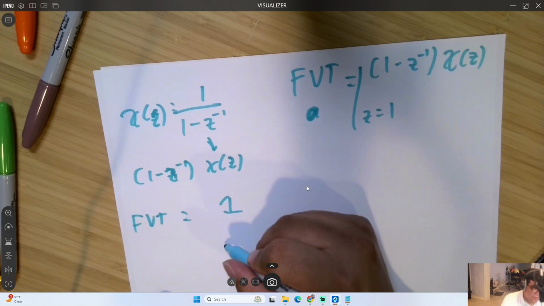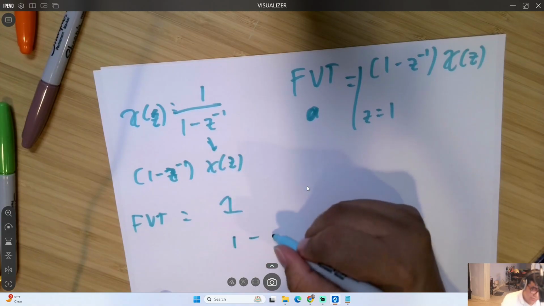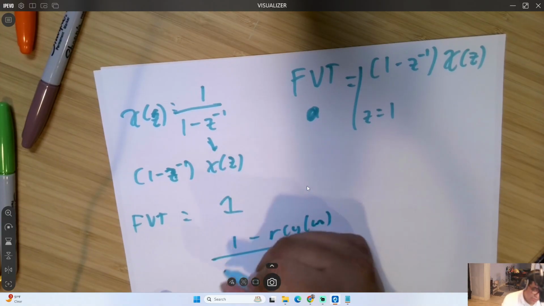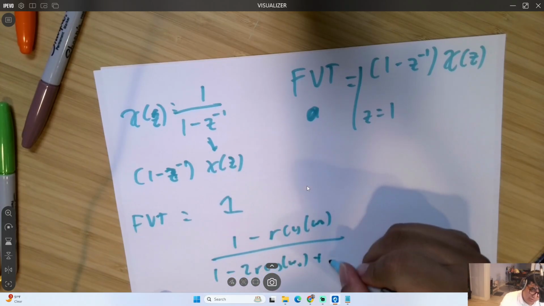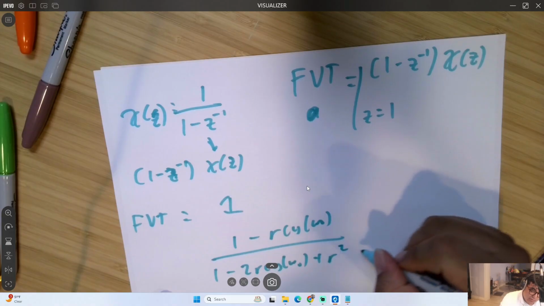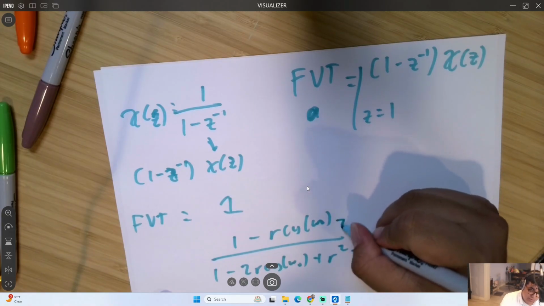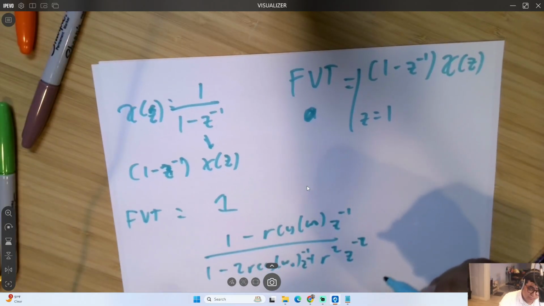So if you wanted to do your assignment, which was 1 minus r cosine omega naught divided by 1 minus 2r cosine omega naught plus r squared, z to the minus 2, z to the minus 1, and then this right here is z to the minus 1.